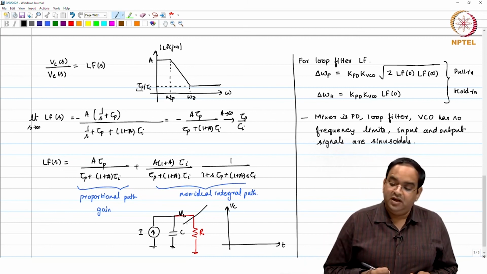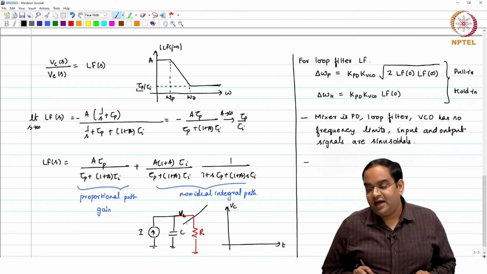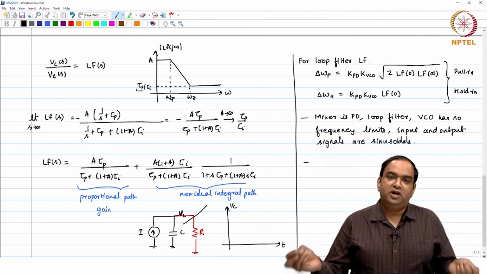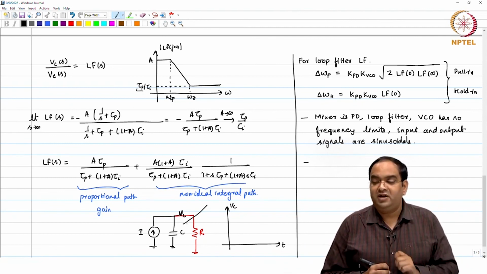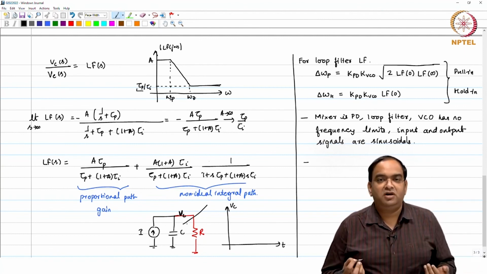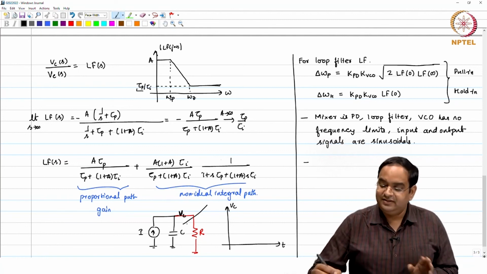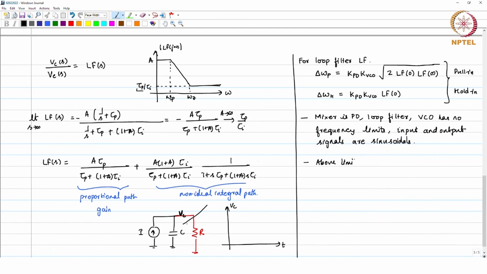Another thing here is that you might think this particular value of delta omega p is the limit, and the moment you cross this, the PLL cannot pull in. Well, the above limits are approximate limits.